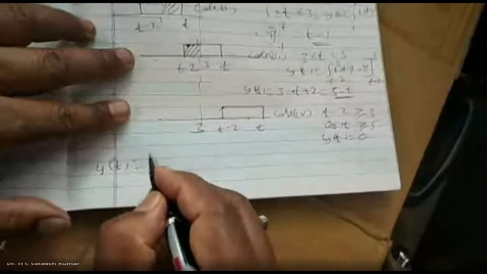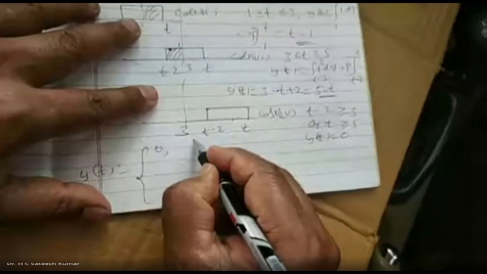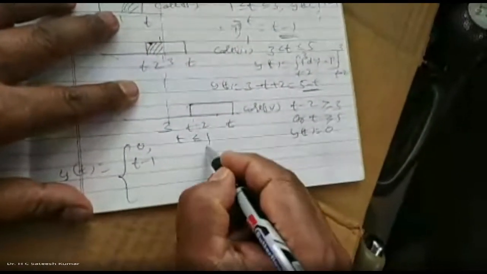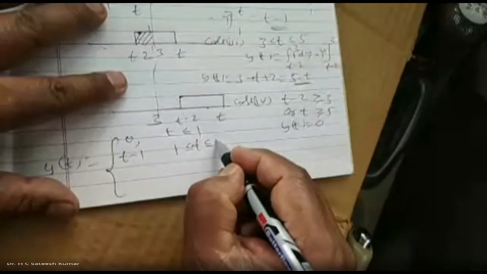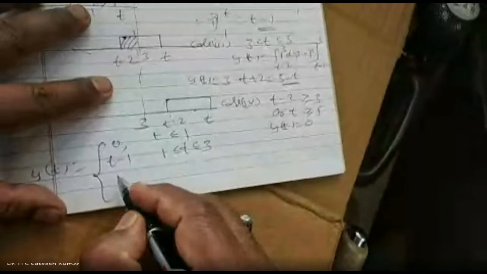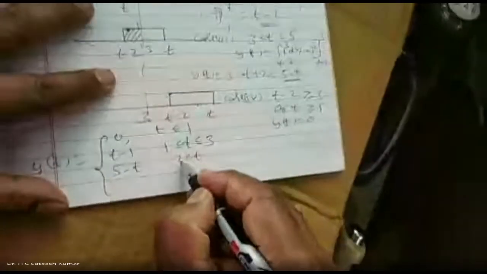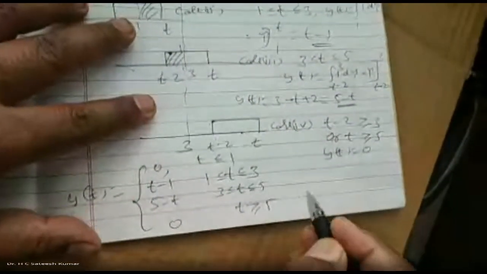As a summary, you write y of t is equal to 0 for t less than or equal to 1, is equal to t minus 1 for t lies between 1 to 3, is equal to 5 minus t for t lies between 3 to 5, is equal to 0 for t greater than or equal to 5.